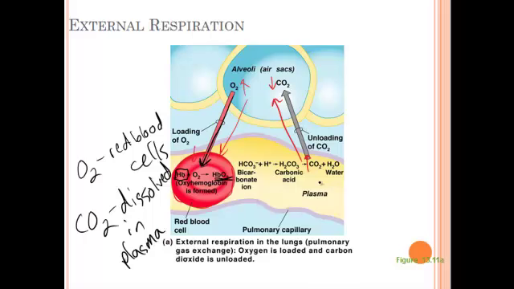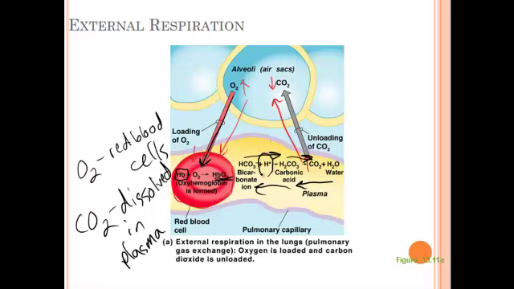So when CO2 combines with plasma or water, it becomes carbonic acid, which can further break down into bicarbonate ion and H-positive ions. This slide is showing the opposite, because here the CO2 is already dissolved into the fluid, and so as it comes back to the alveoli, the bicarbonate ion is going to be changed to carbonic acid, which will then be changed to CO2 and water, which will then go out into the lungs where it can be breathed out.